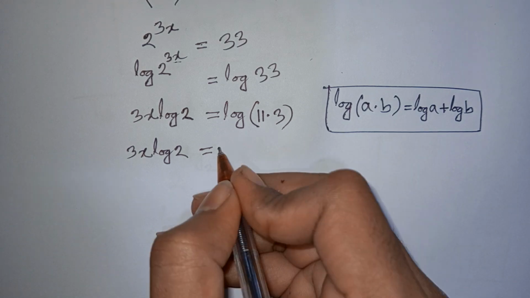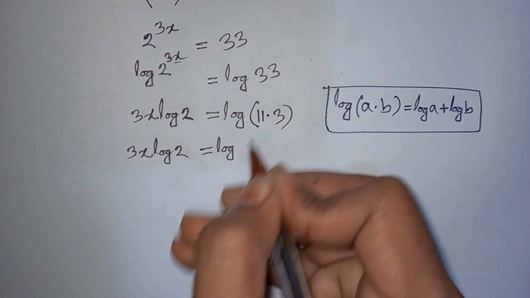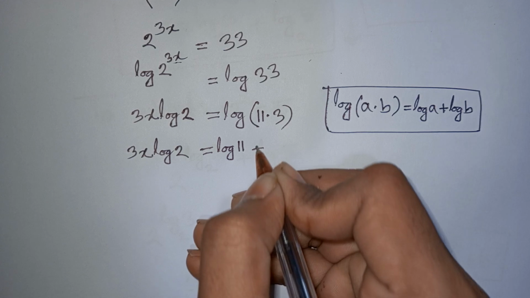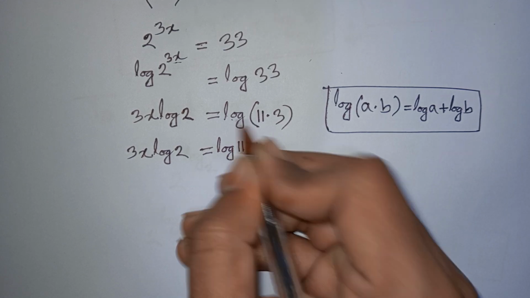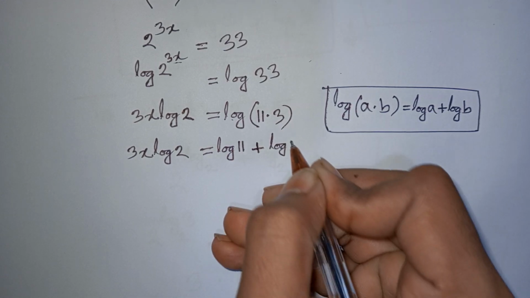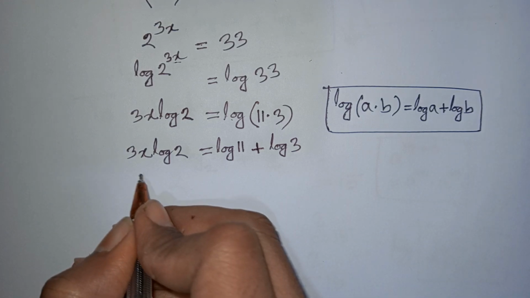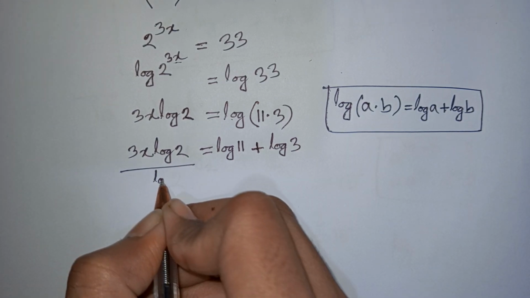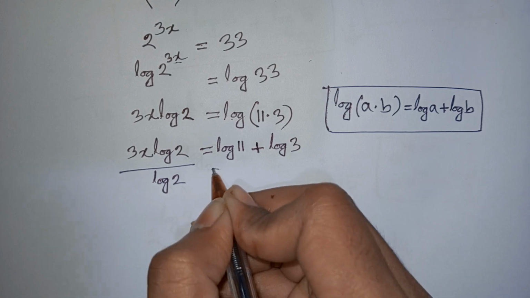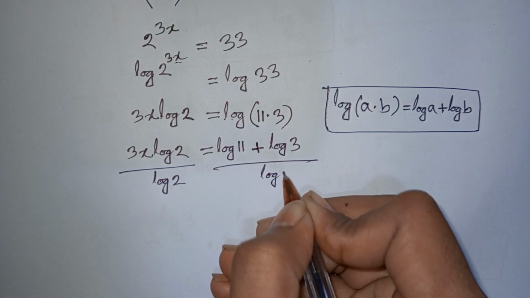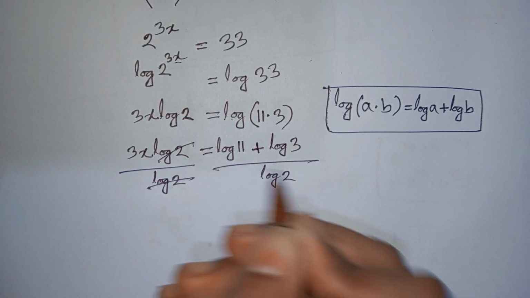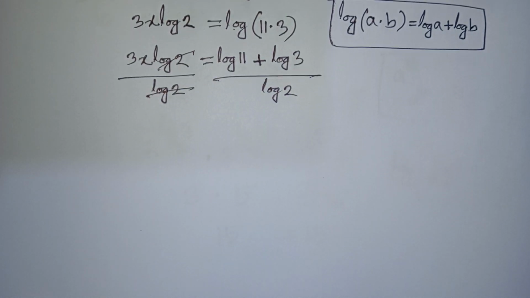So, log of 11 times 3 means it will be log 11 plus log 3. Now, divide by log 2 on both sides. So, this log 2 will be cancelled.